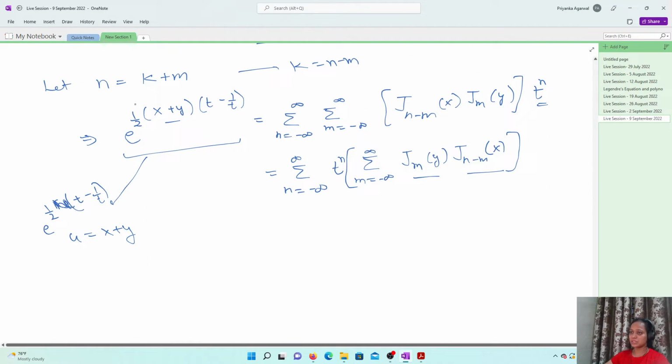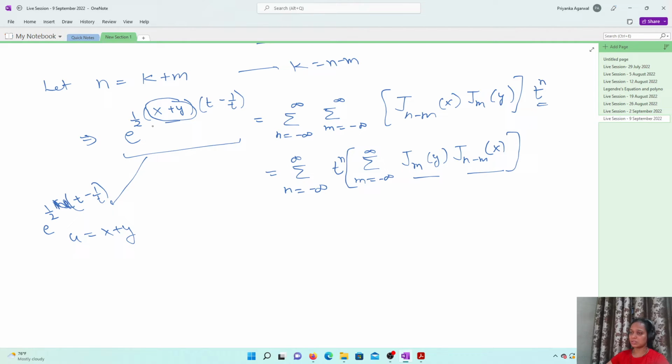Now if you see this definition, if you consider this as some other term, let's say lambda, you can write this as Jn of lambda.